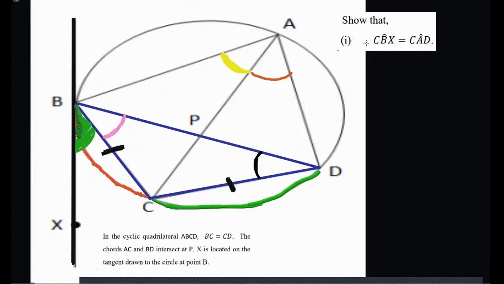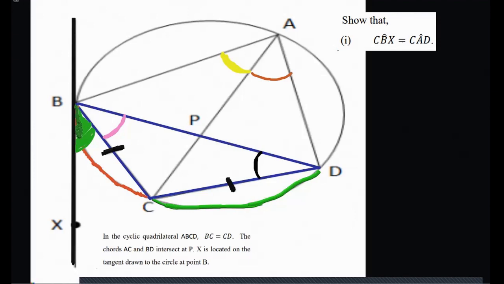Show that angle CBX. So where is CBX? CBX, that's this green color angle. The angle that I've colored in green is equal to angle CAD. So where is angle CAD?